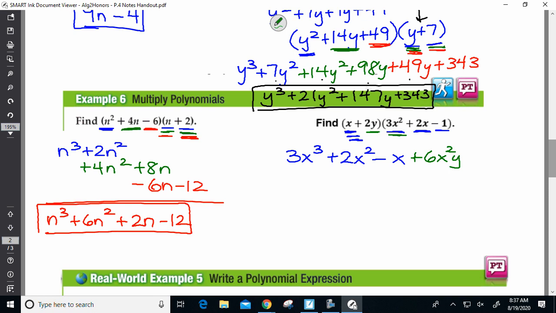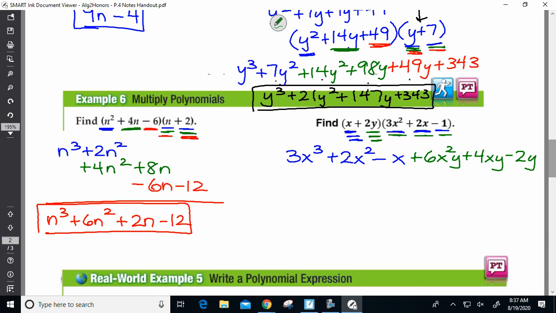You have two different variables, so there's not really much you can do, so don't force it. 2y times 2x is 4xy. 2y times negative 1 is negative 2y. So we finished distributing.